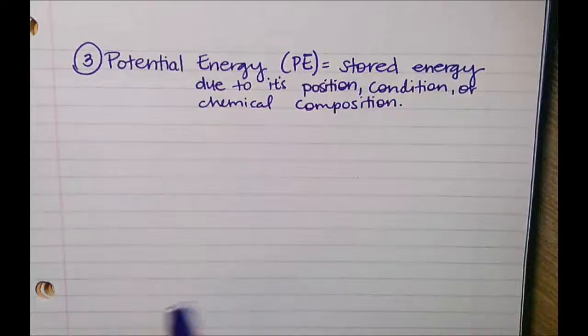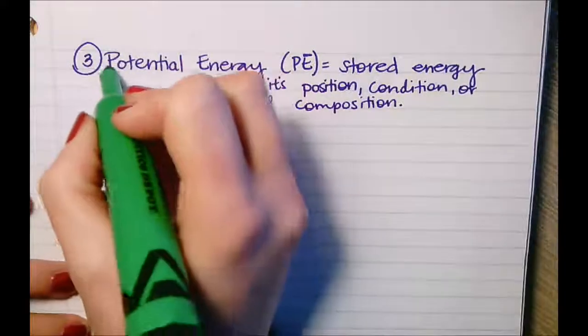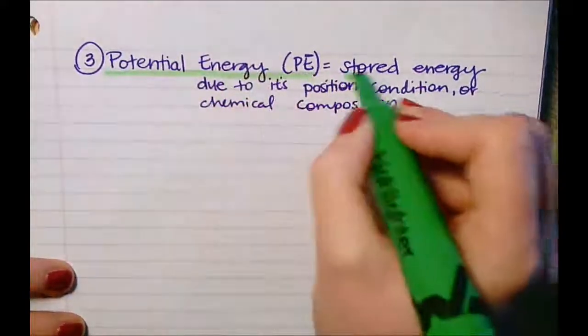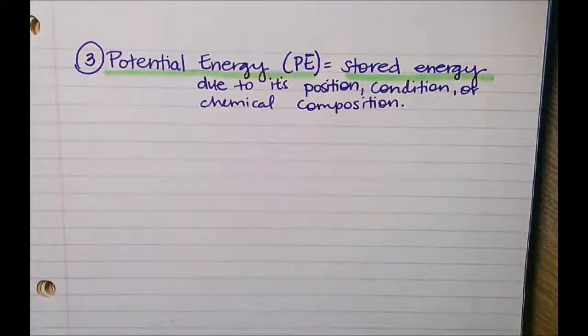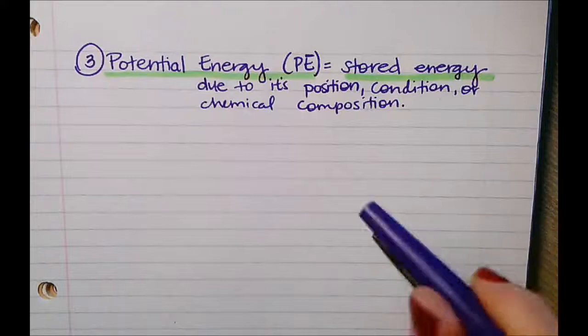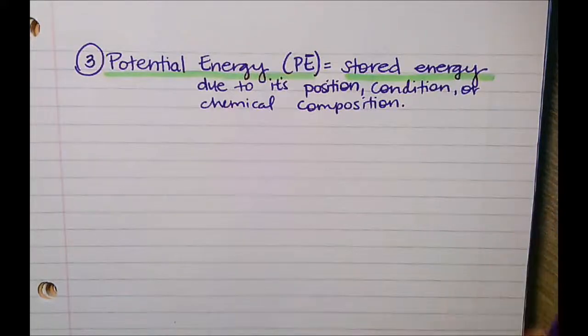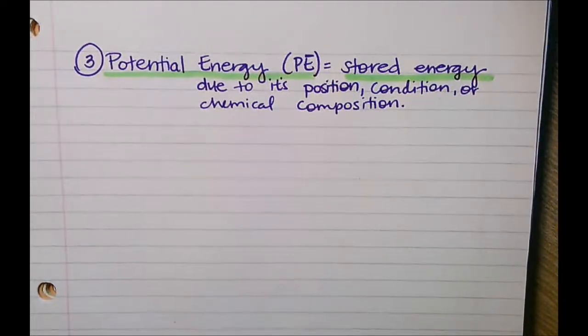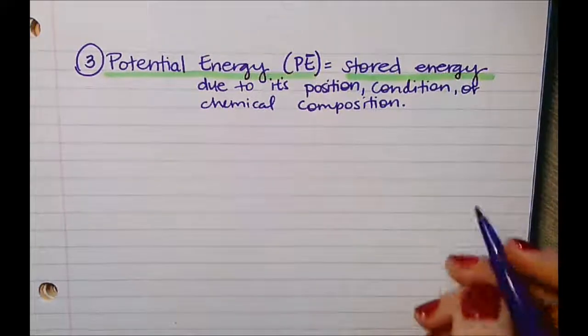Okay, so our potential energy is stored energy. I would say that the position is probably the one that most kids are familiar with. So that would be, again, like the roller coaster example, or if you're sledding and you're at the top of a hill, you're going to have a lot of potential energy, whereas at the bottom of the hill, you're going to have less potential energy.